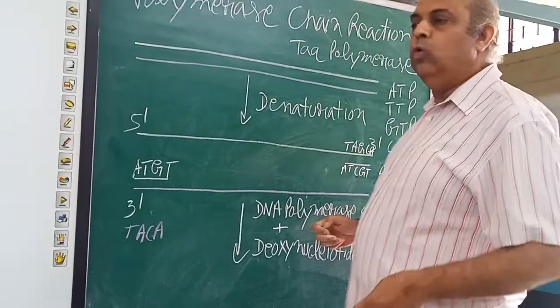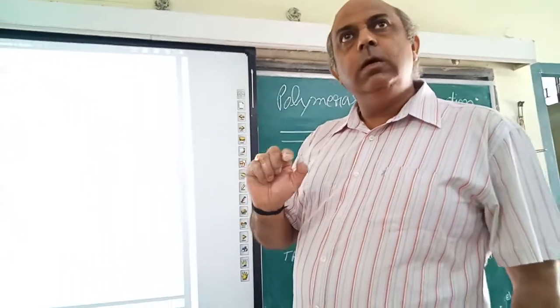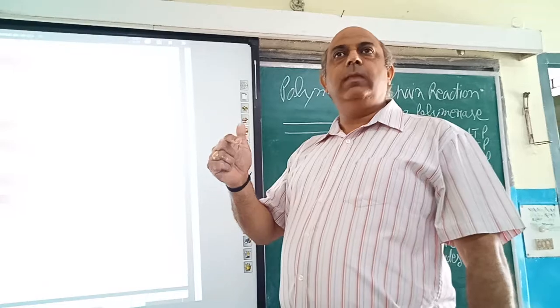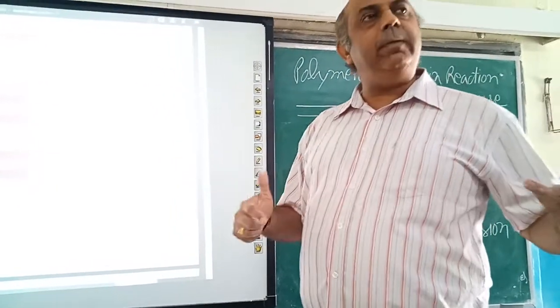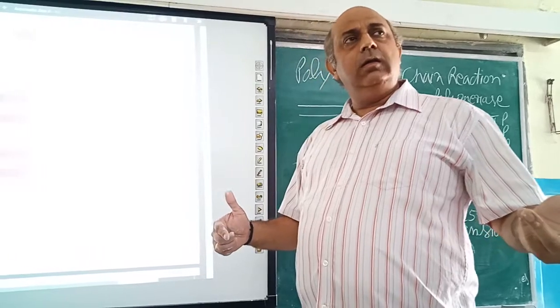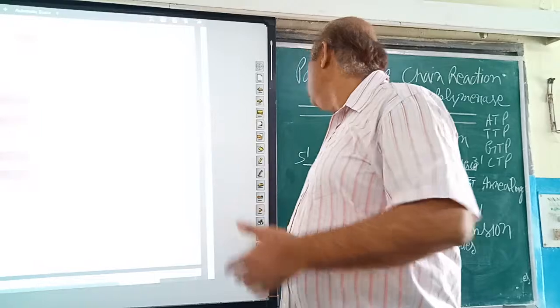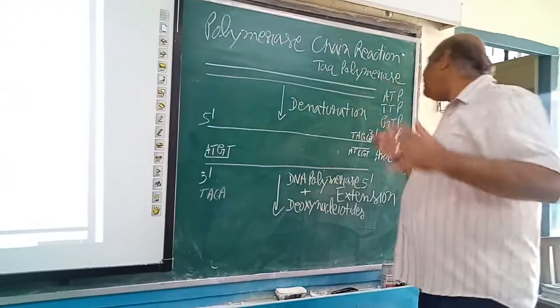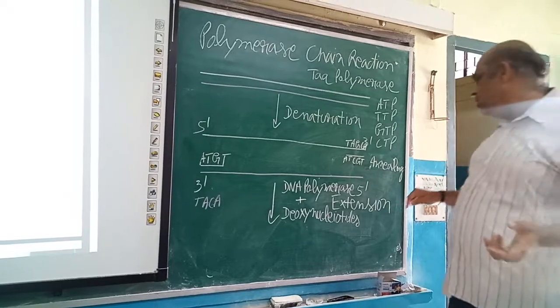We all know the raw material for DNA synthesis is monophosphates. But when DNA synthesis is naturally happening, the raw materials are taken as triphosphates, and over here also we have to add them not in the form of monophosphates but in the form of triphosphates.